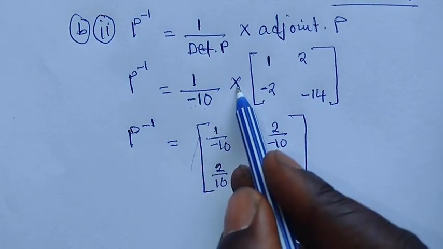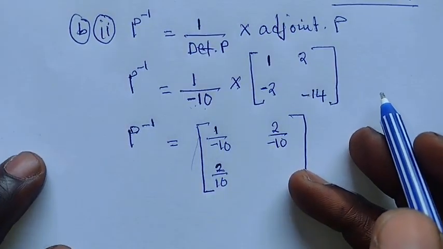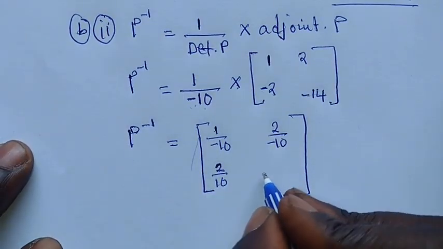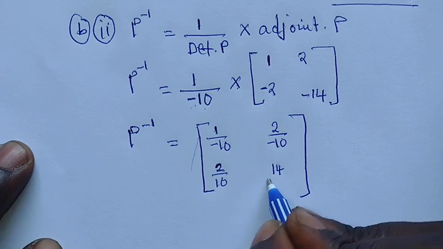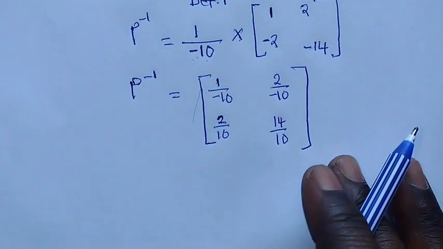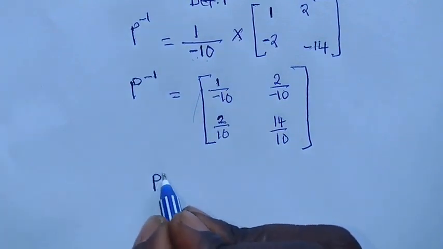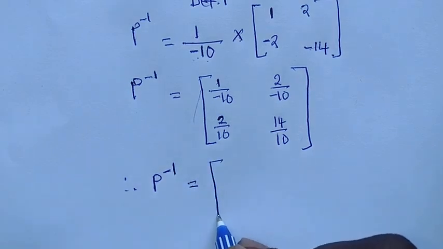Again, 1 over negative 10 times negative 14, negative, negative, positive, so it will give us 14 over 10. So we can write our final answer: therefore P inverse is equal to.